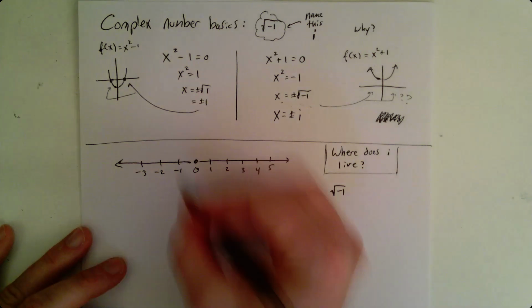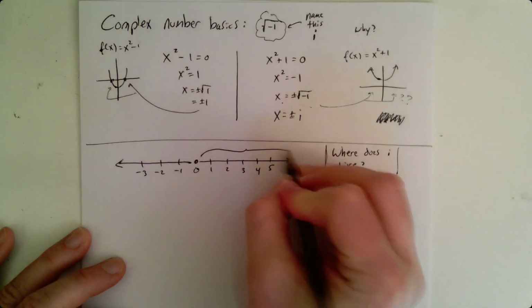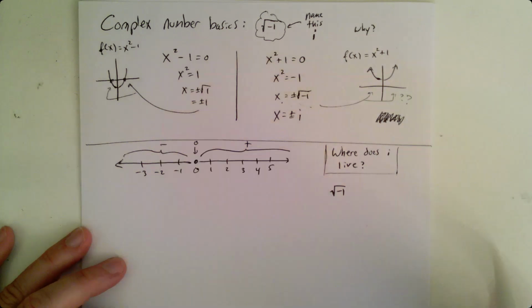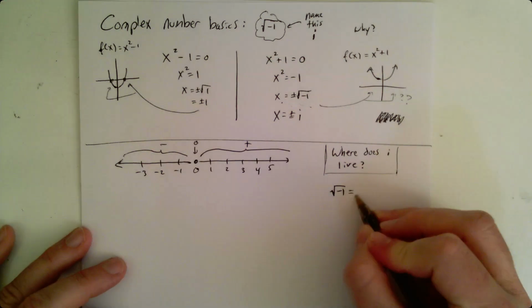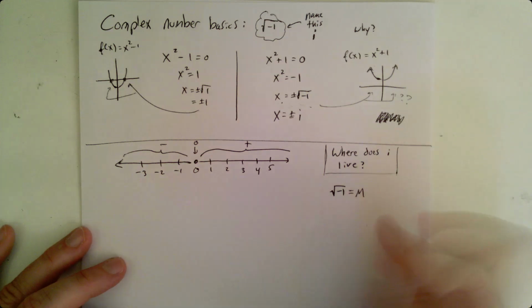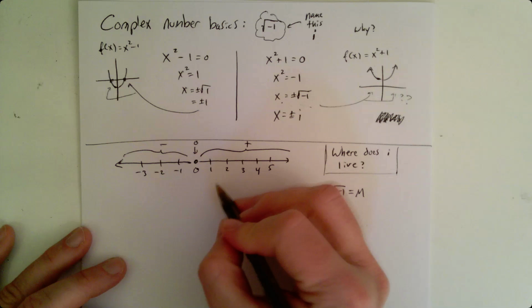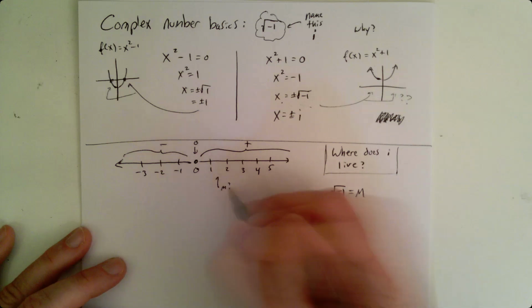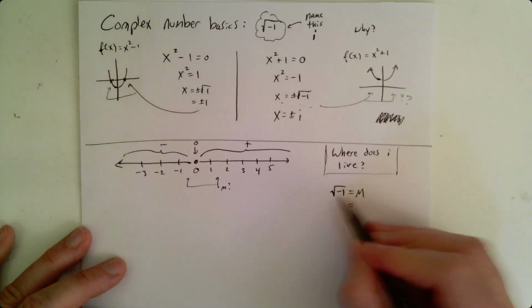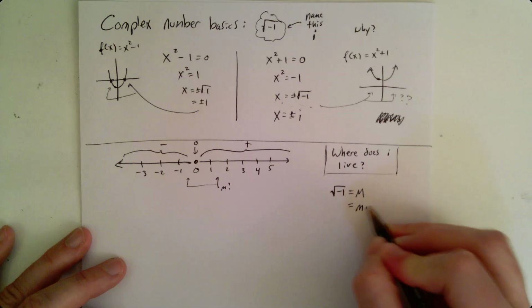So let's think about it this way. Here are all the positive numbers. Here are all the negative numbers. And here's 0. So let's give square root of negative 1 the name m for mystery. And let's decide, could m live anywhere in here? Could m be in there? Could m be in here? So here's going to be the argument. Let's square both sides of this equation.